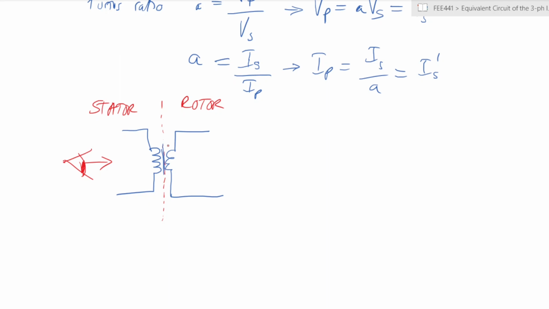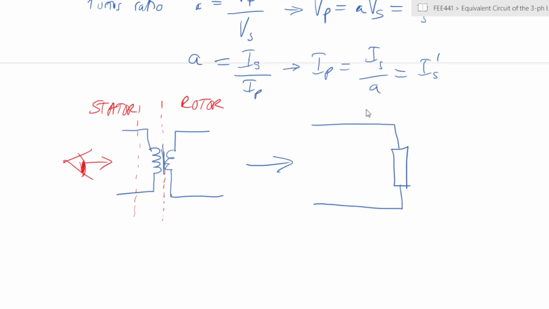So that would mean that if we could block this out, you would end up with a circuit that looks like this. So you have some kind of black box or impedance that you are seeing from the stator side, right? So in the eyes of the stator, all you're seeing is rotor.